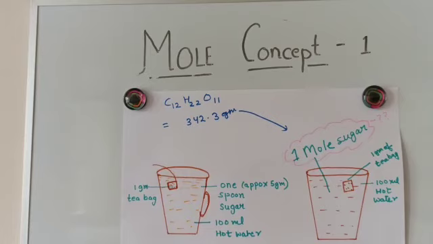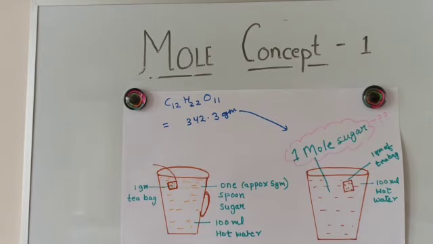Now let's rewind our video where we were making a cup of tea and I asked you to pour 1 mole of sugar. Now you know for 1 mole of sugar you have to calculate the gram molecular mass of sugar.